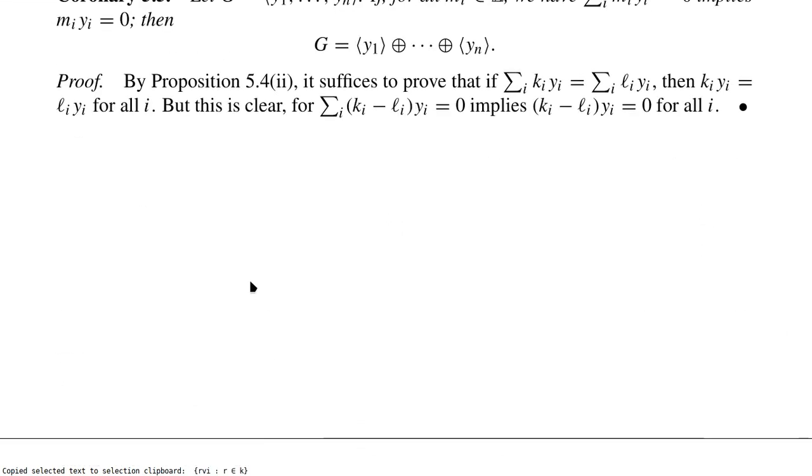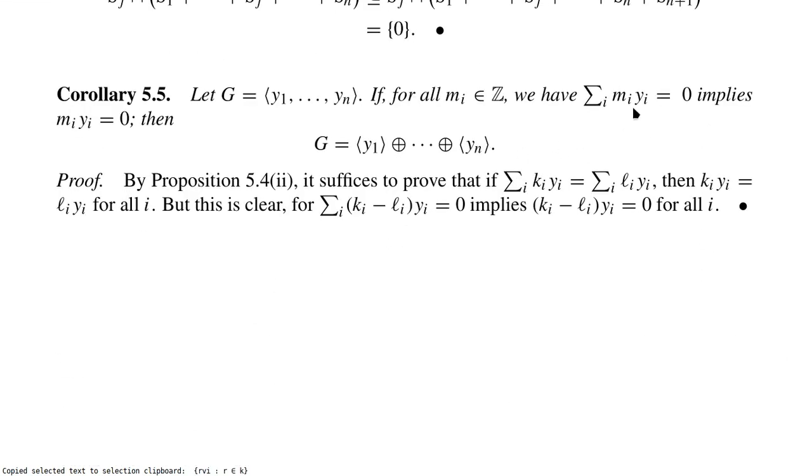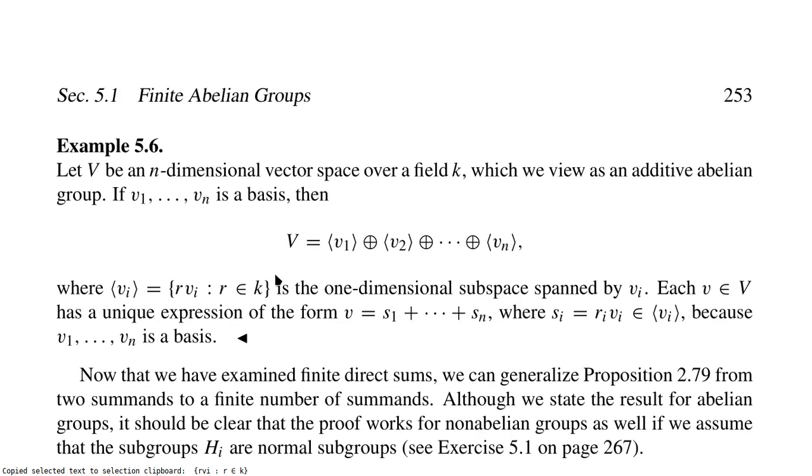Just like here, you created elements by taking integers and multiplying them with the generators. Here you're taking elements r from the field K, and multiplying them with the generators that you have here. The generators are just the elements of the basis, right? And so these vectors span the whole vector space.